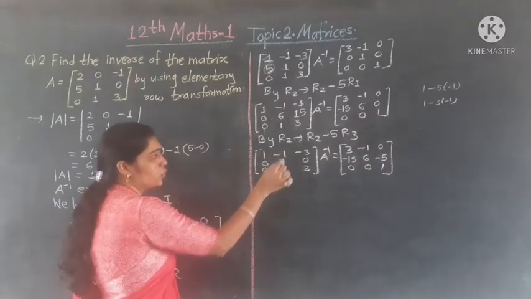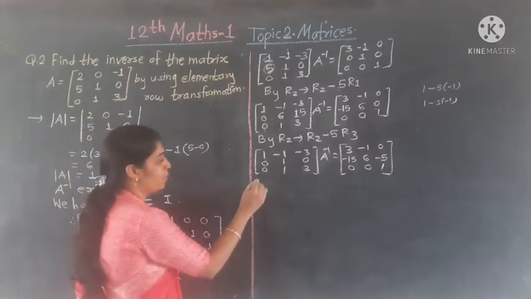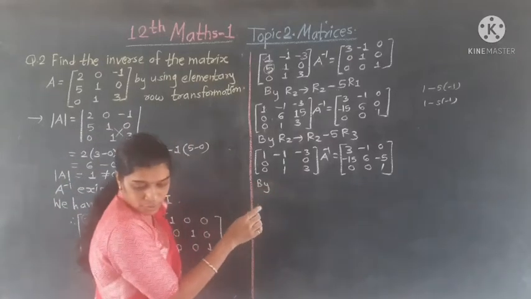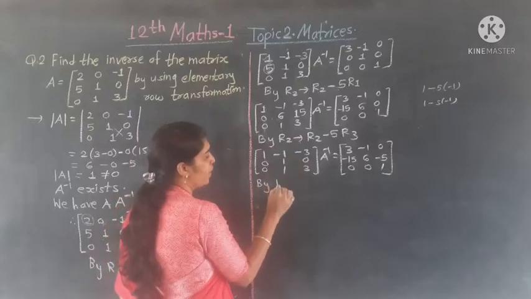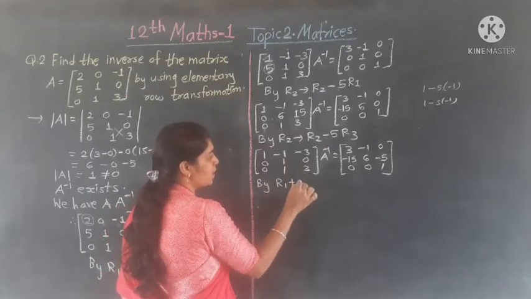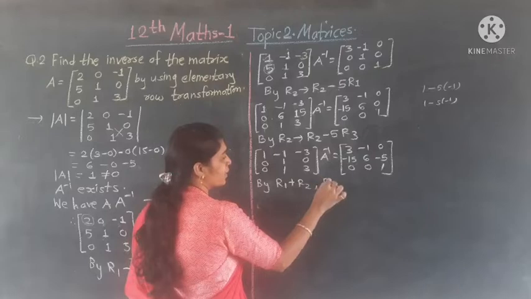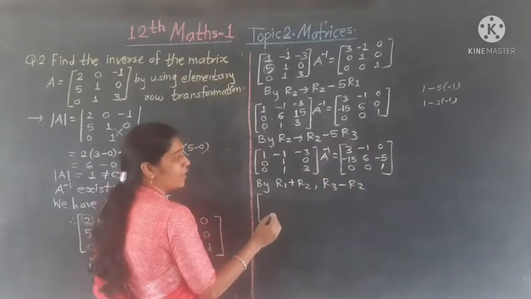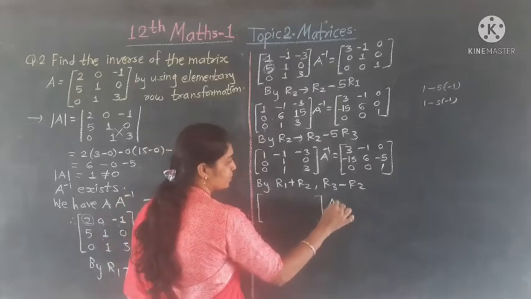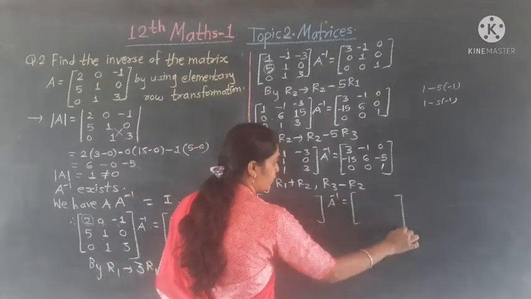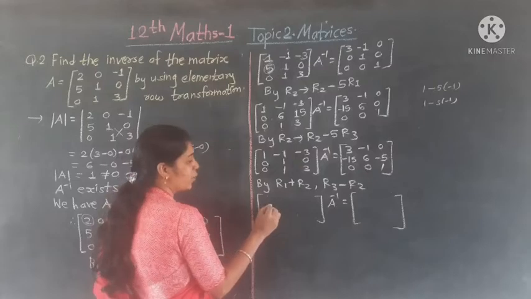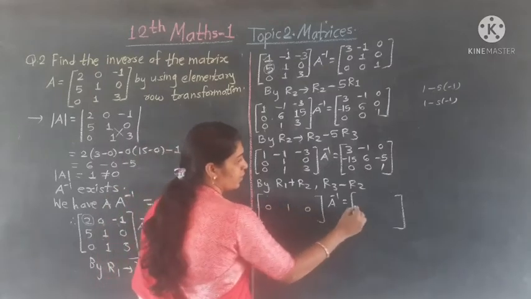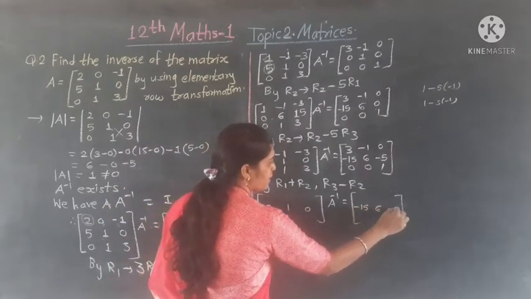Now we want these two 0. So what do we make in R1? R1 plus R2 we have to do, and R3 minus R2 we have to do. The change is in R1 and R3. Take R2 as minus 15, 6 and minus 1.